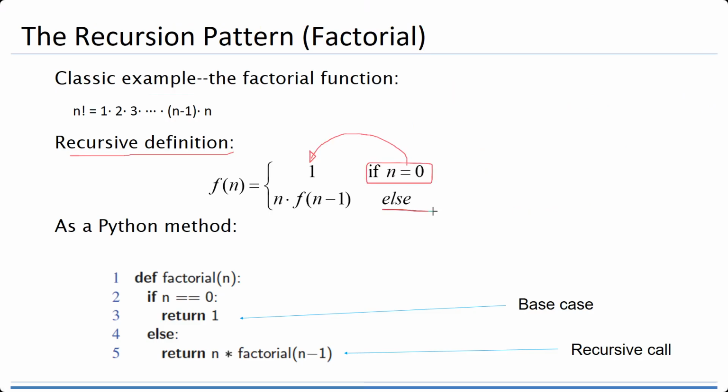If not, do the multiplication, which is n multiplied by f(n minus 1). So f(n minus 1) goes back to this function, and we check again: if n is already 0, then return 1. Otherwise, we apply this formula again.